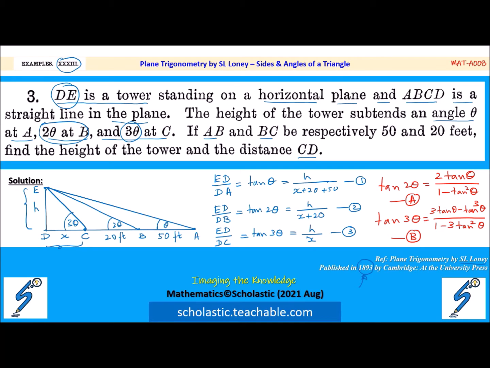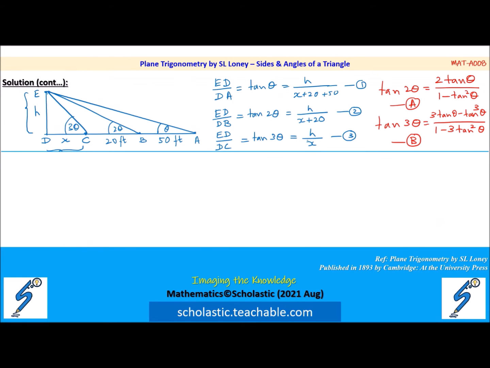Okay, let's go to the next page. Now we have few equations. One is tan theta here, tan 2 theta and tan 3 theta. Also we have the equivalent equations for tan 2 theta and tan 3 theta. So what we can do is we can divide 1 by 2.